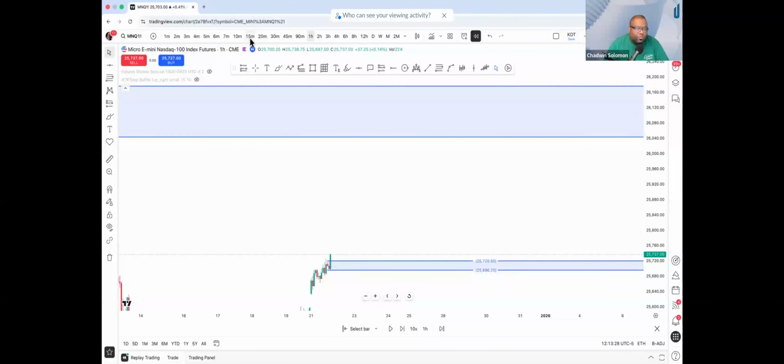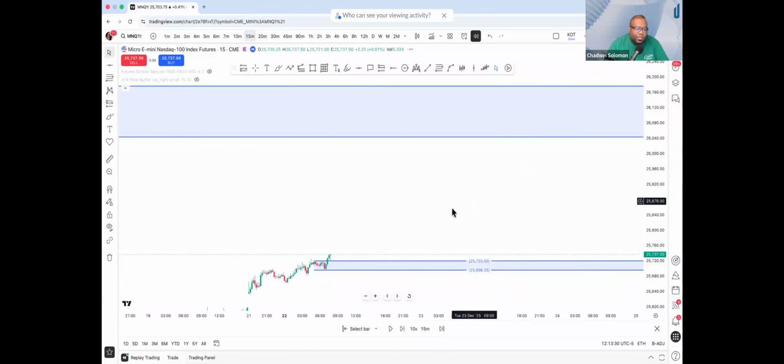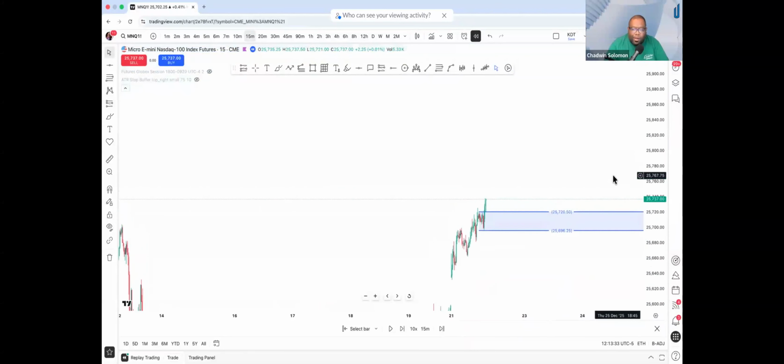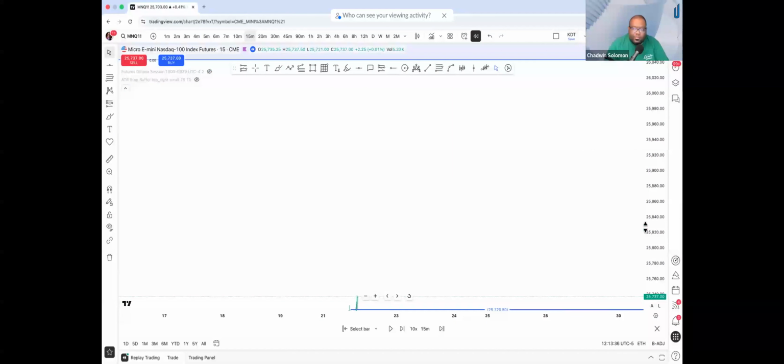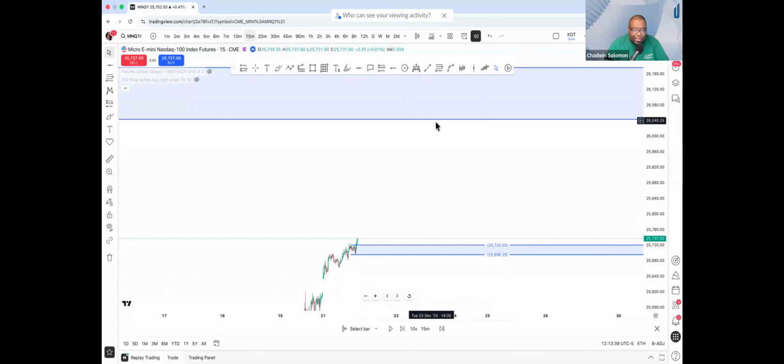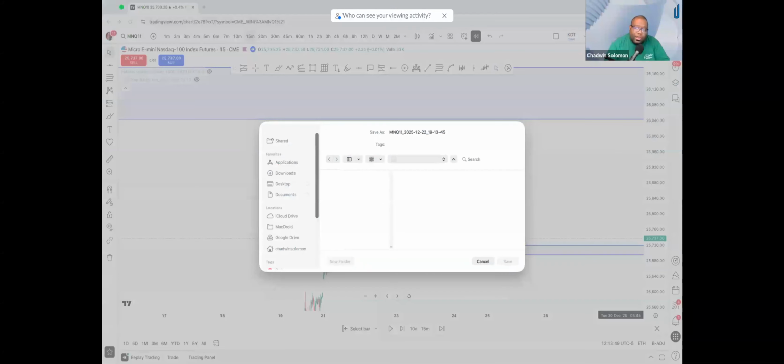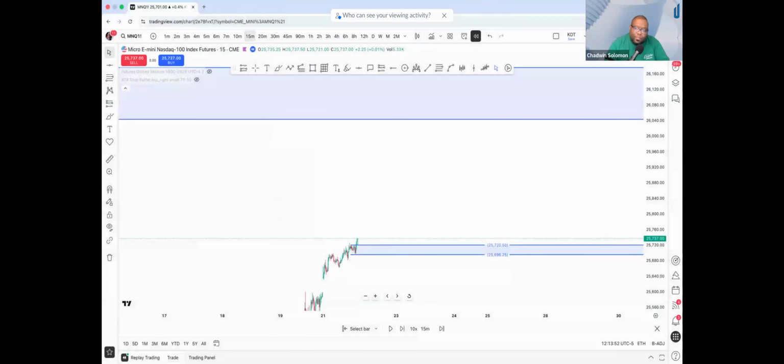What I can also do is go to my 15-minute and check my trend. Right. When the curve is this far away, like this, I might screenshot the curve on its own. Here's a little icon here. Click it, download image, save that to my computer in a folder. Or I can click on that, copy the link, and then copy that into my trade journal, or my trade tracker.